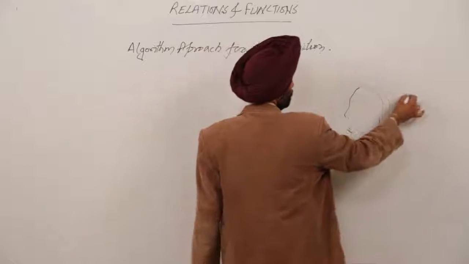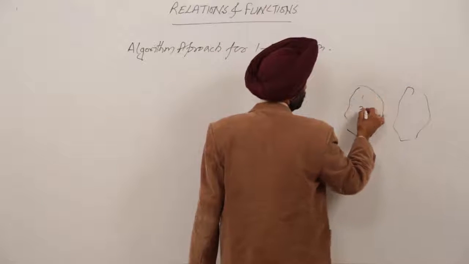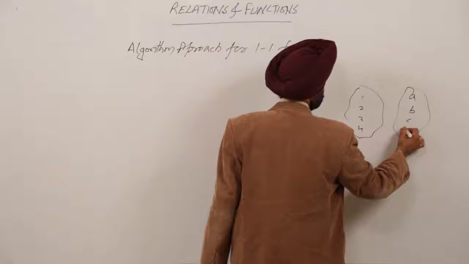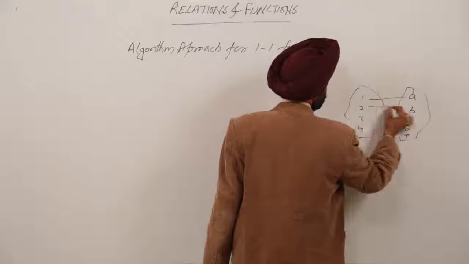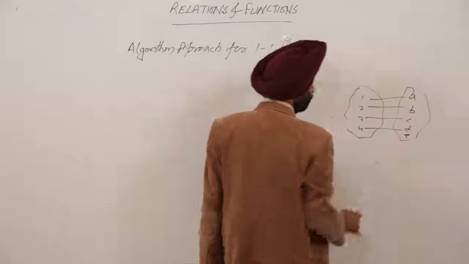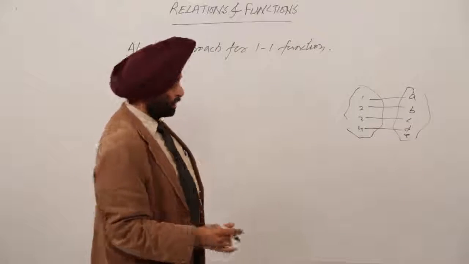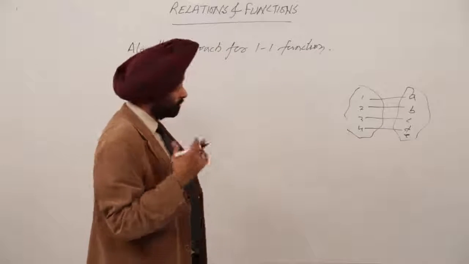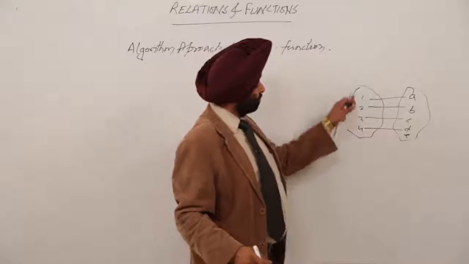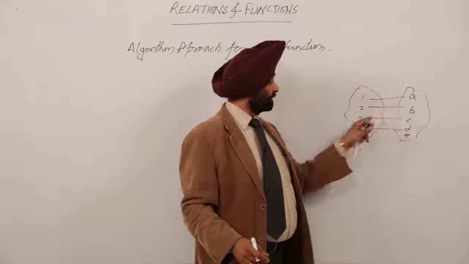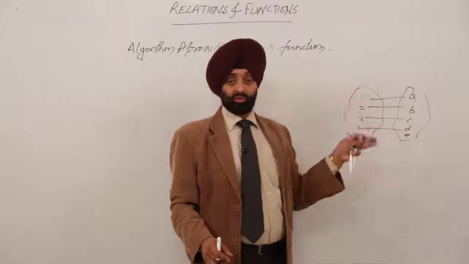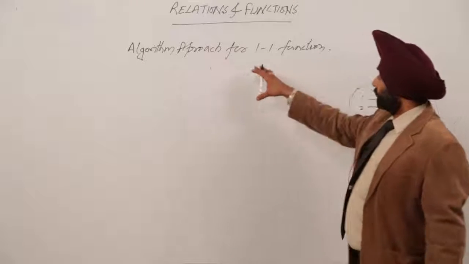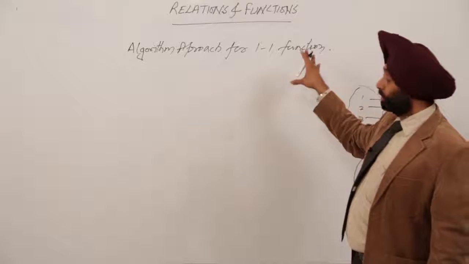Yesterday we were knowing that for one-one function, if we are having these elements, then it can be like this. This is also one-one. If E is not here, then also it is one-one. And when we are having 1 with A, 2 with B, 3 with C and 4 with D, E is not there, it is one-one onto. That was one-one onto function. Now we are moving with an algorithm approach for a one-one function.